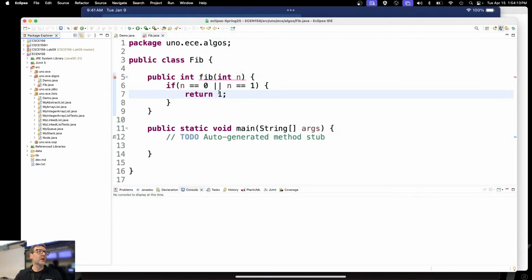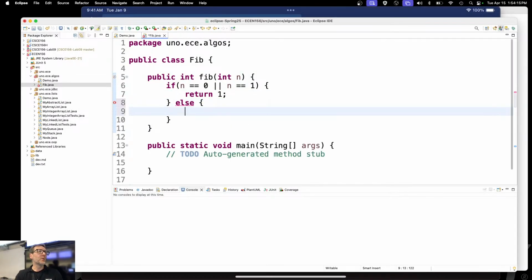Otherwise, we return what? f of n minus 1 plus f of n minus 2. Well, don't we have a function to compute that? This function. So, fib of n minus 1 and fib of n minus 2.